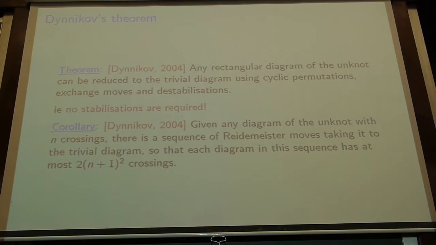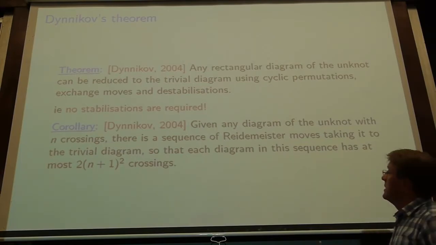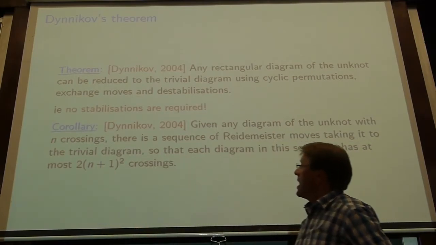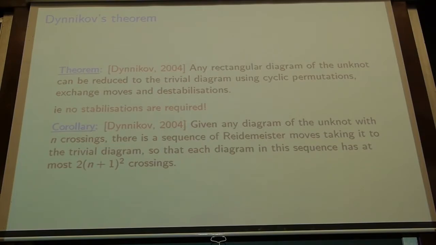So this has the following consequence. Remember I said that there's always a sequence of diagrams where the number of crossings is at most quadratic throughout. This bound was observed by Dynnikov, and the reason is as follows. You start off with an unknot diagram.